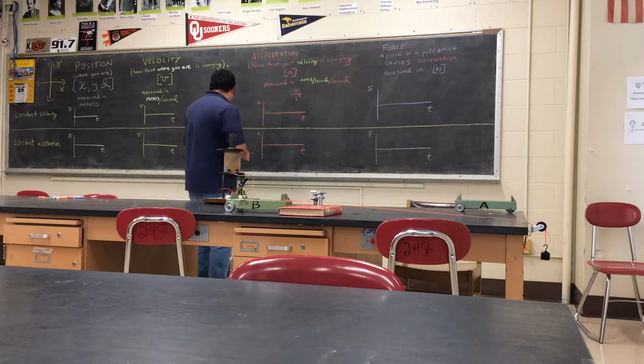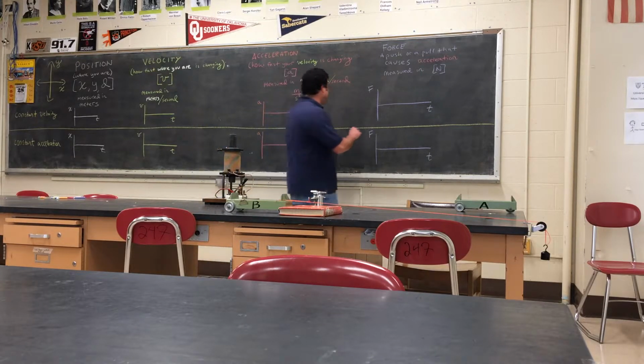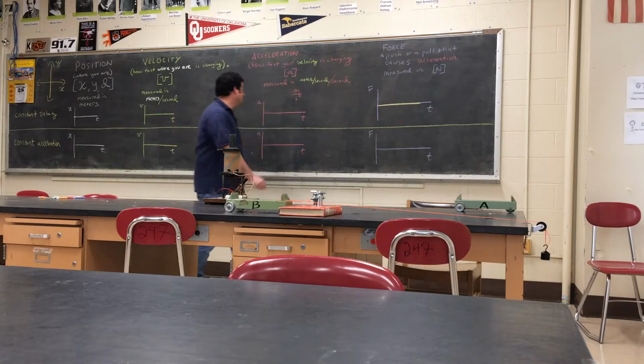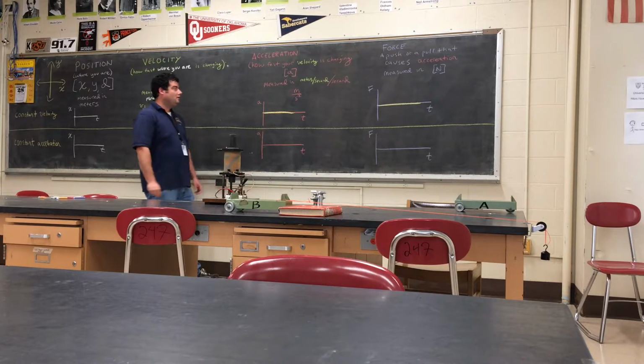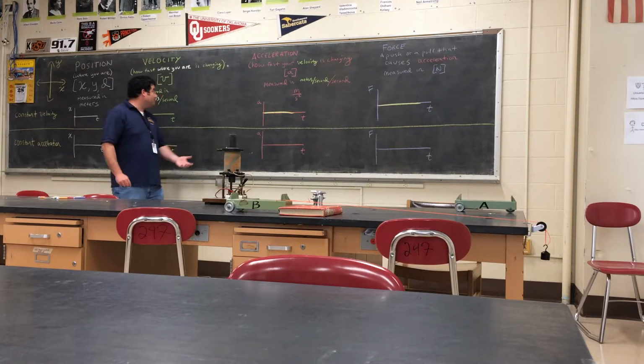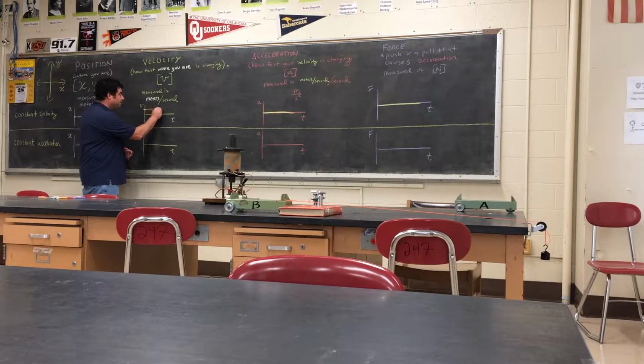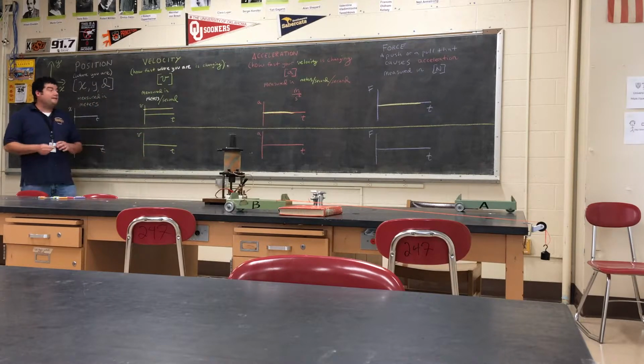But had it been frictionless, what we would have seen was no force, and therefore no acceleration. That would mean that whatever velocity it started with, it kept the whole time. So we had a constant velocity time graph.